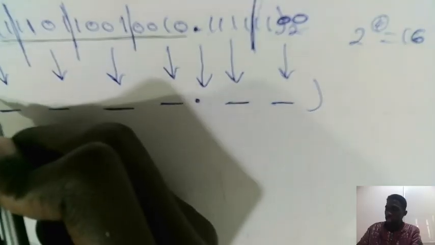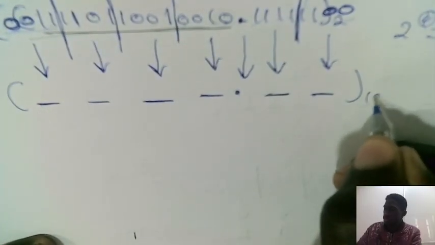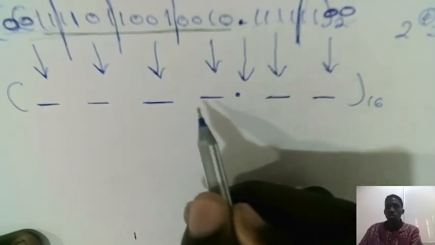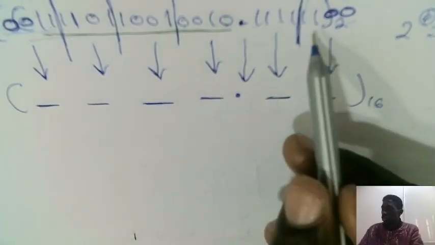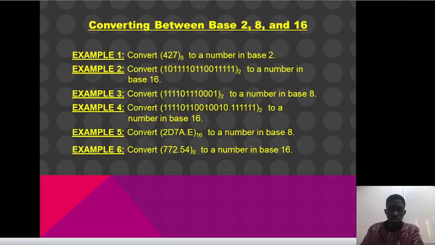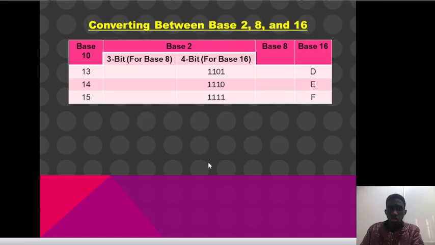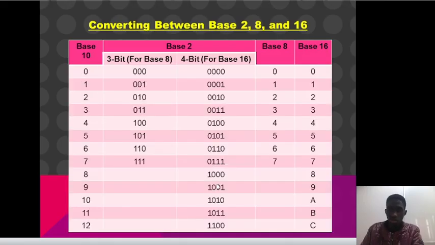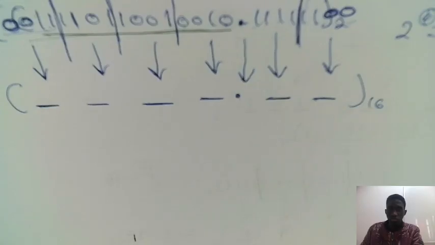And this will give me the entire number in base 16. So I just need to get the numbers. So what is 1100? You can check that out. 1100 is C in base 16.